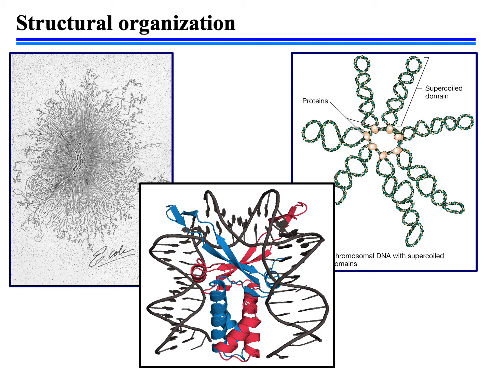What's allowing for that scrunching together to take place is depicted in the cartoon version on the far right. On the far right, you can see supercoiled regions or stretches of the DNA. Those are those supercoiled squiggles that you see. And then what's highlighted here on this figure just as proteins are those little yellowish cream color proteins sort of right at the center.